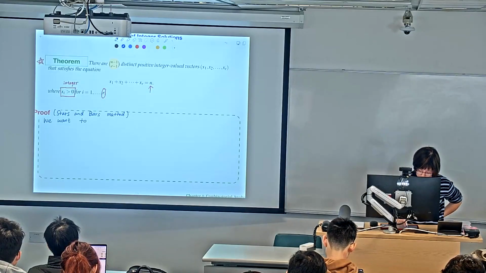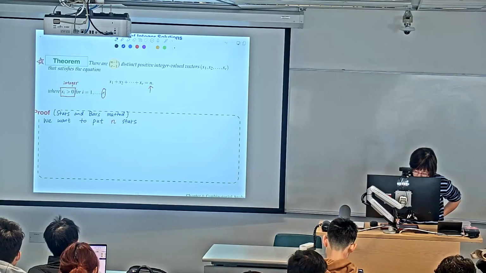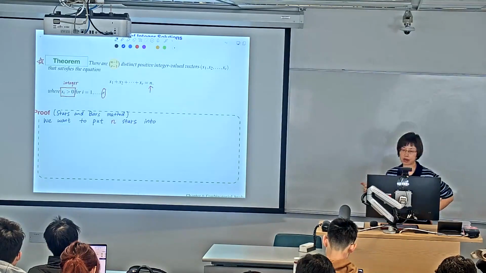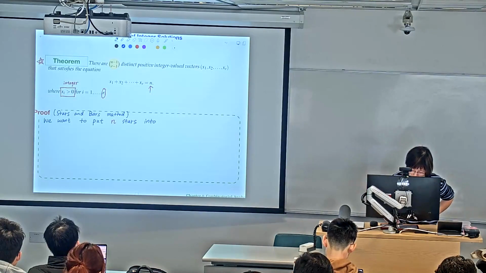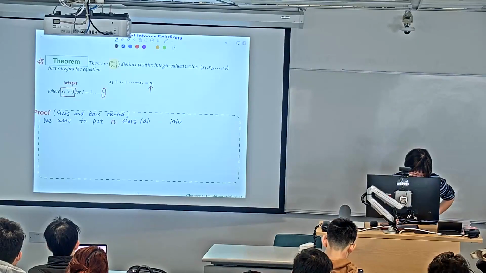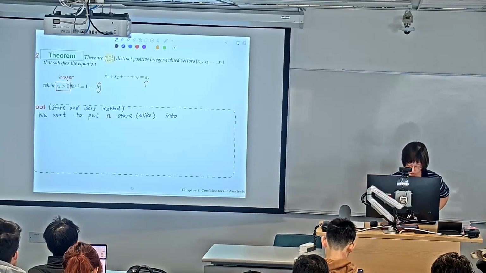We want to put n stars into r bins. Let's assume these n stars are indistinguishable or alike, because we want xi to be the number of stars later.